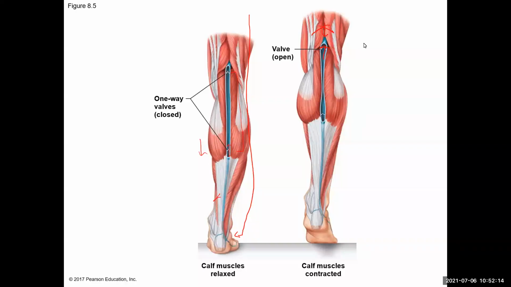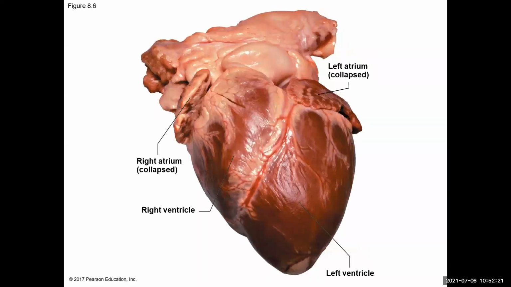All right. So, welcome to the second module for Chapter 8, where we are now going to focus on the heart and the two systems that are in the circulatory system. So, the pulmonary system and the systemic system.